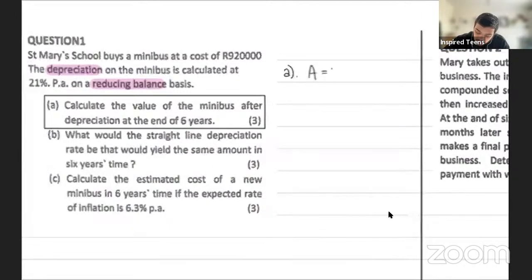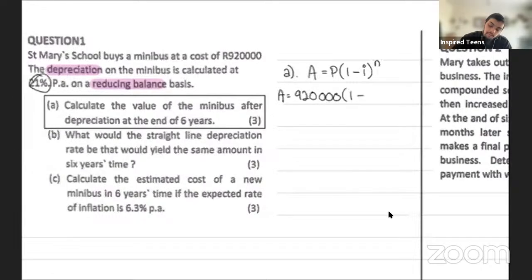So this is our regular compound interest formula, A = P(1 minus i) to the power of n, because it's depreciation. Compound interest because reducing balance. Now, A is what it's going to be after those 6 years. P is our principal amount, 920,000. 1 minus, what is our interest rate?